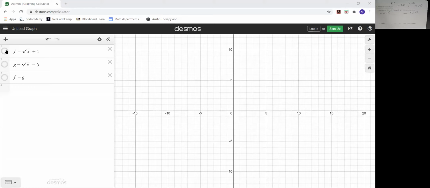So if we look at root x plus 1, that is like just the common root x function just moved up 1 unit. Is one way to think about it. If I think about root x minus 5, it's the same graph, we're moved down 5 units. If I do f of x minus g of x, so what I'm doing is I'm subtracting function values.